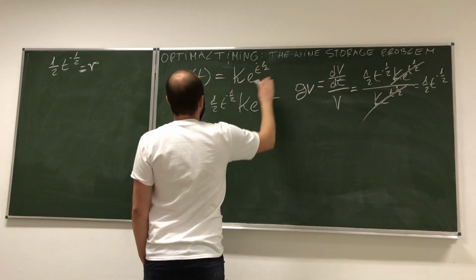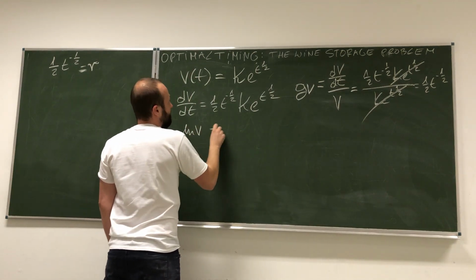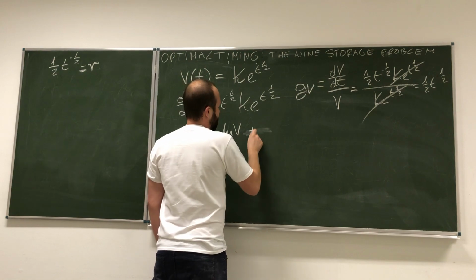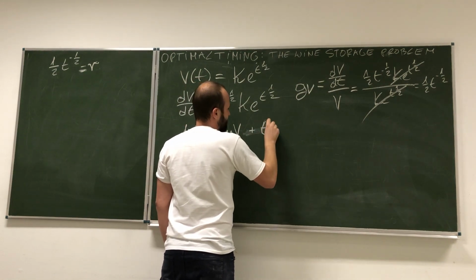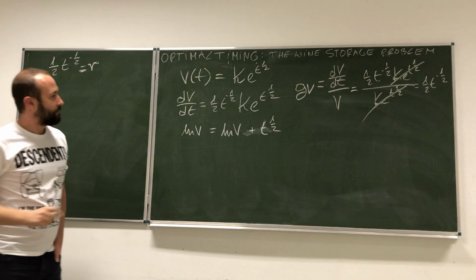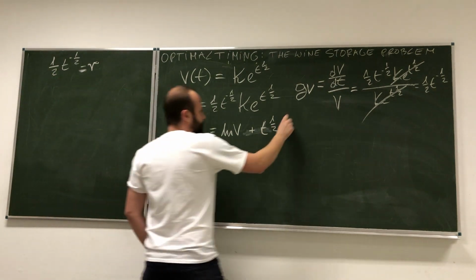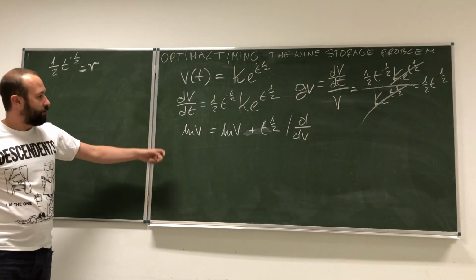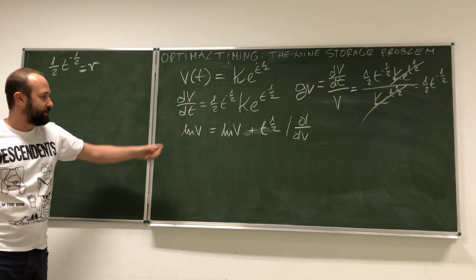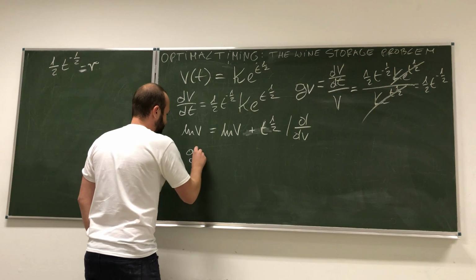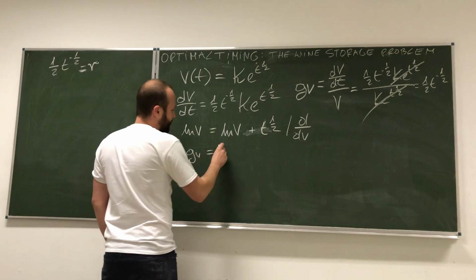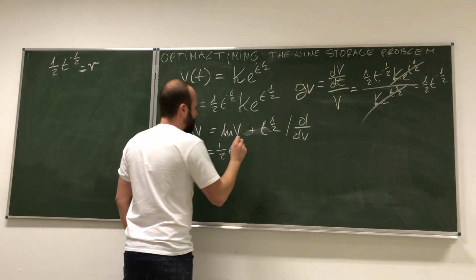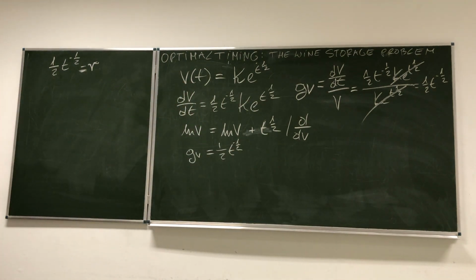We could logarithmize this equation, right? If we differentiate both sides, we will have here 1 over v times dv/dt. So here we would get the growth rate of v, and it would turn out again that this is 1 over 2 t to the power negative 1/2.